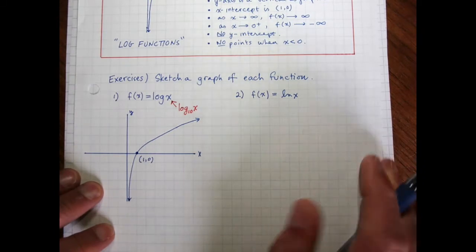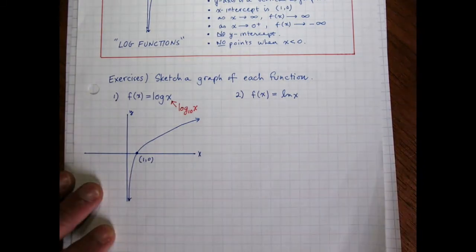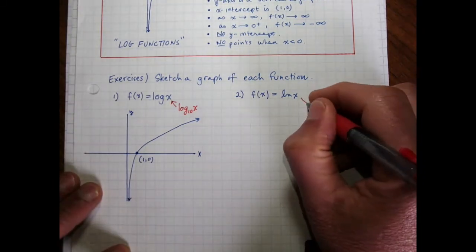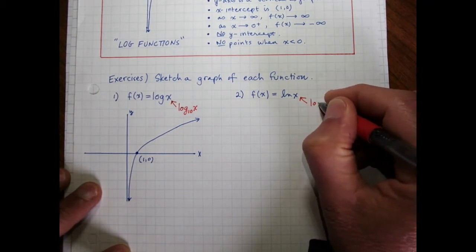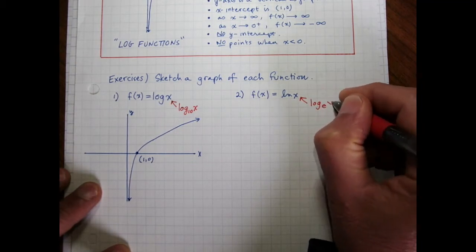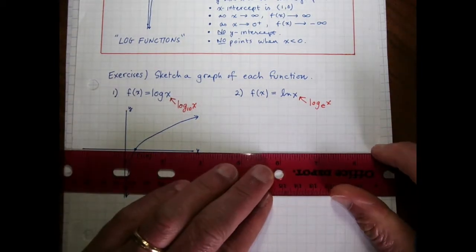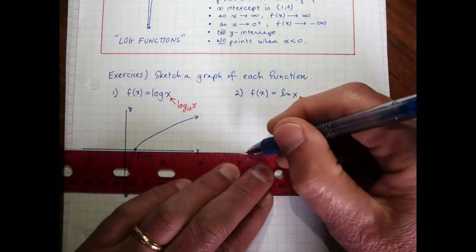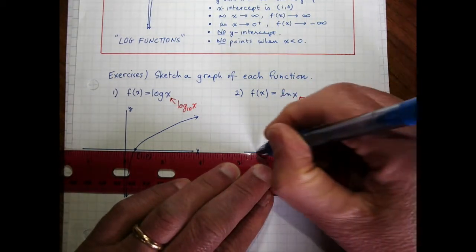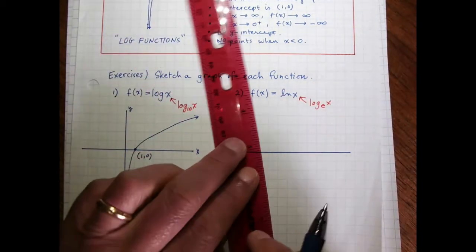For the second example here, f of x equals ln of x. Now ln of x means the same thing as log base e of x. The points are not going to be in exactly the same spot, but the shape is going to be the same.